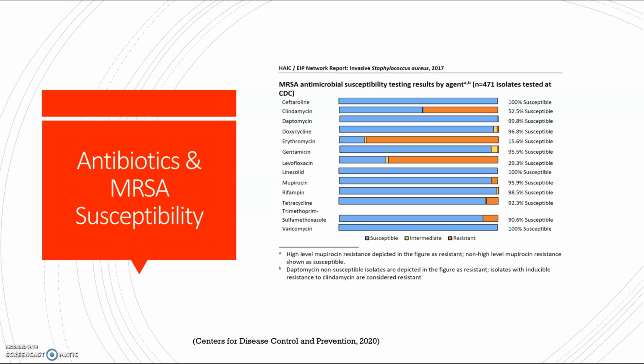Here's a list of antibiotics and MRSA susceptibility to those antibiotics. Something like vancomycin would be a great option, although there are some vancomycin resistant strains of Staph aureus, but fortunately we do have some other options here.